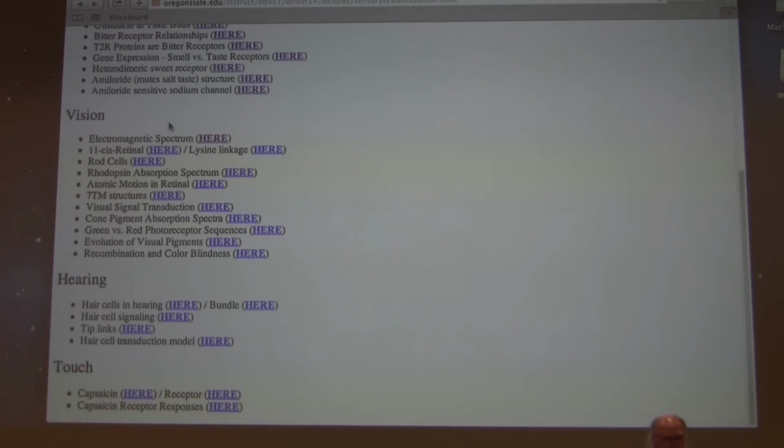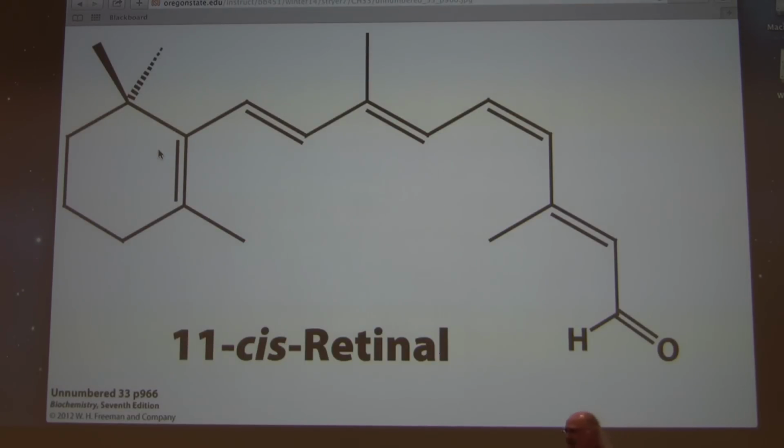Our ability to sense light comes about as a result of this compound right here. This is a form of vitamin A. And this is why vitamin A is necessary for vision. Vitamin A looks like this guy right here. And you'll see it says 11 cis.